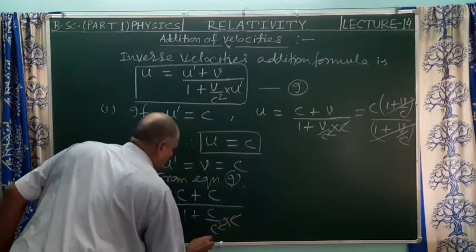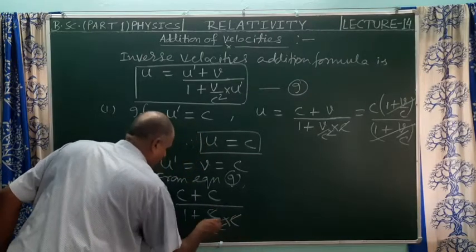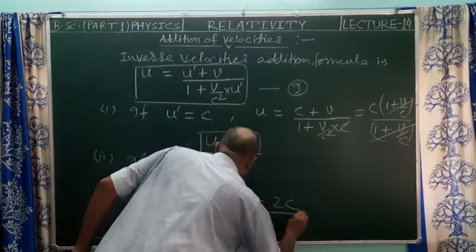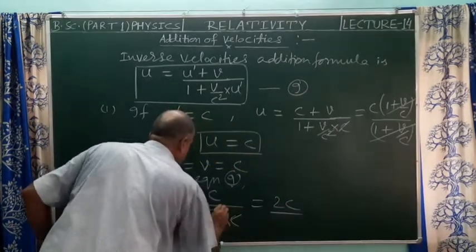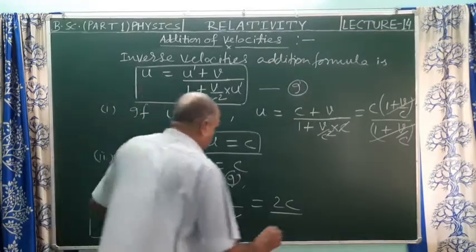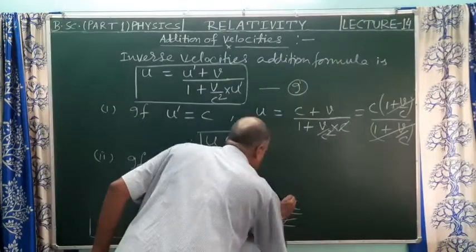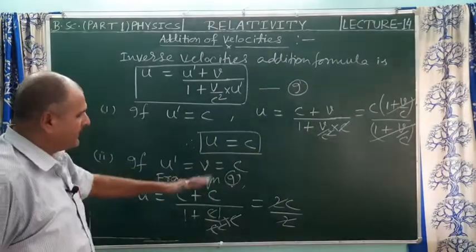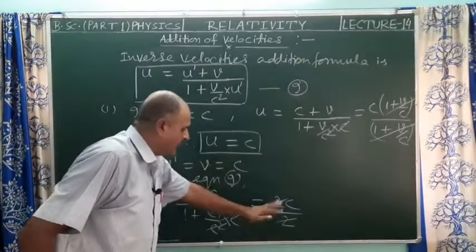c से c square cancel हो गया, c by c that is 1 in the denominator, c plus c 2c, c plus c 2c upon नीचे में बचा केवल सेकेंड टर्म में केवल 1, that is 1 plus 1 that is 2 and 2 in the numerator and denominator will cancel out. Numerator और denominator में 2 और 2 cancel हो गया.